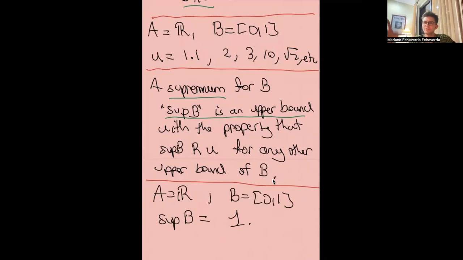So you should think about the supremum this way: we had lower bounds and infimum, which go hand in hand, and then we have upper bounds and supremum. They go in pairs.